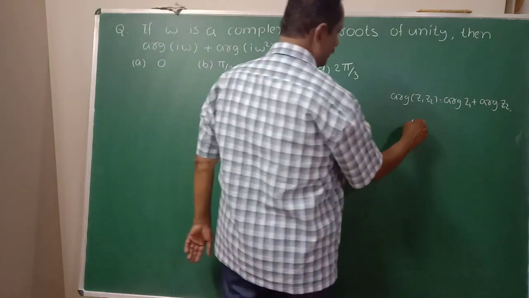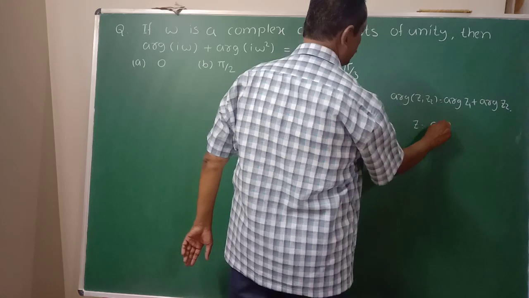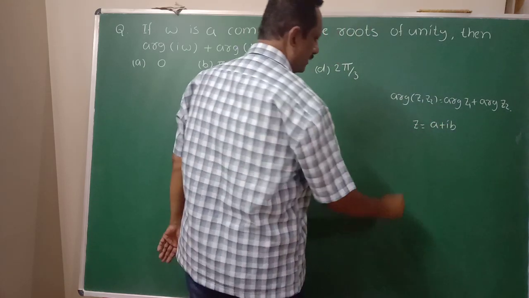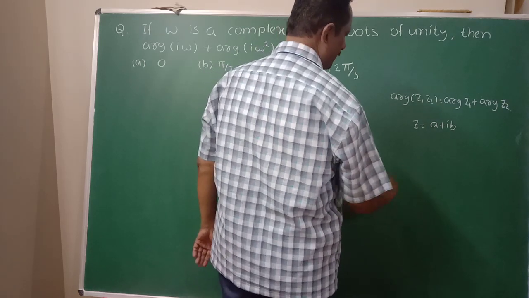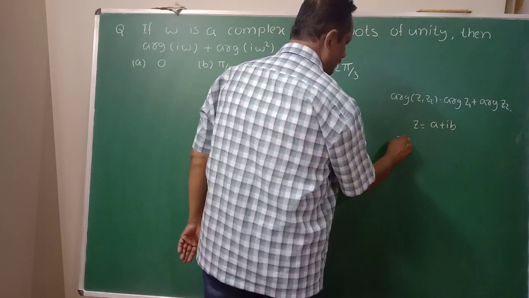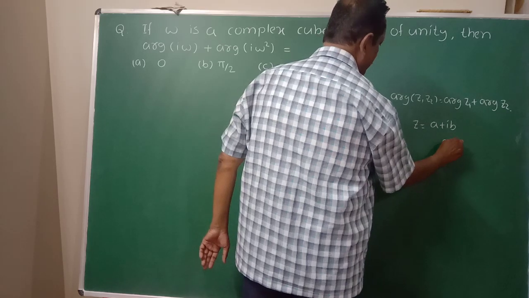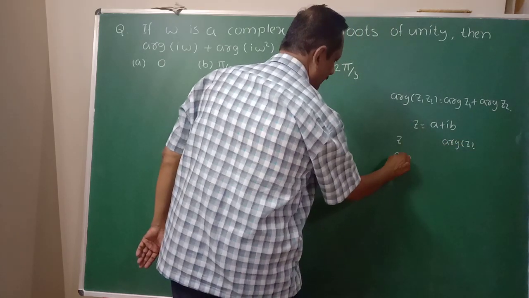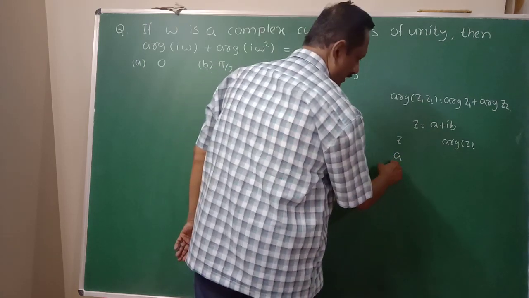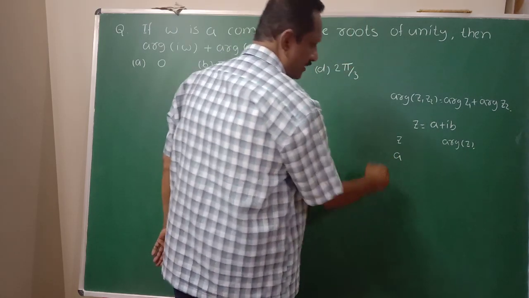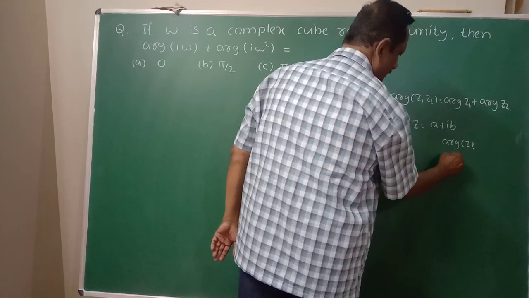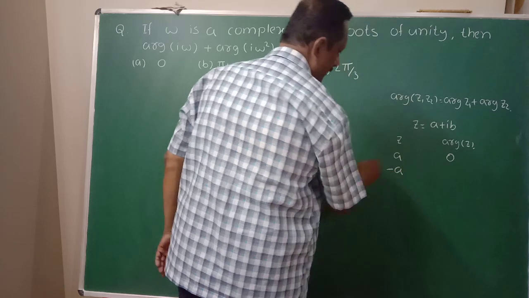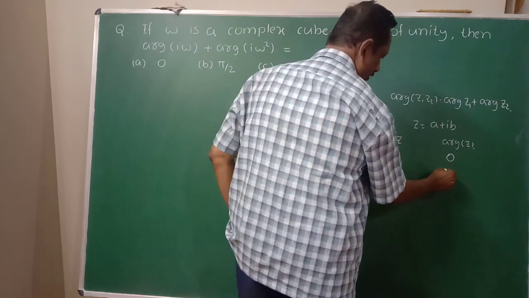And suppose z is equal to a plus i b, a complex number. Suppose z is only a, then it is a real number, then obviously argument is 0. If it is minus a, then argument is pi.